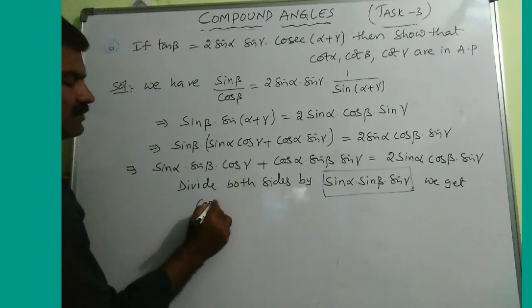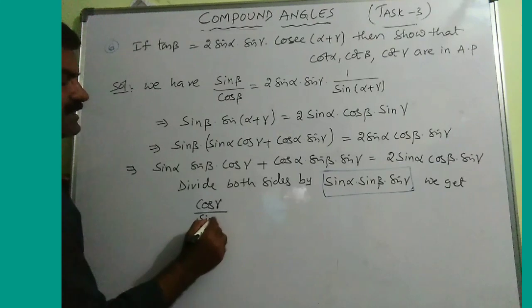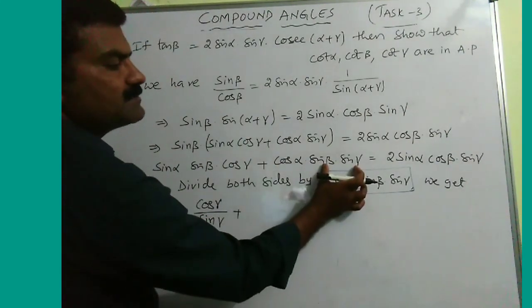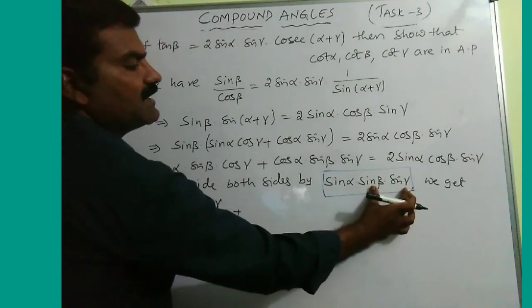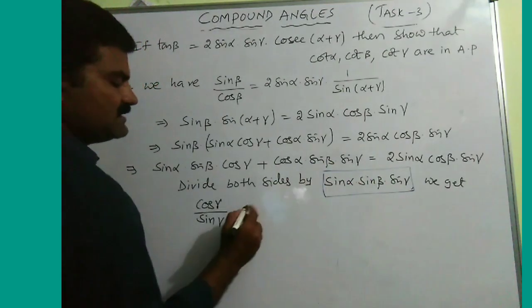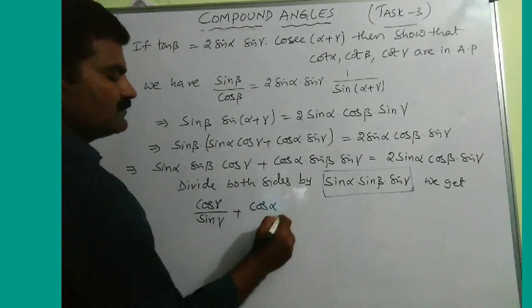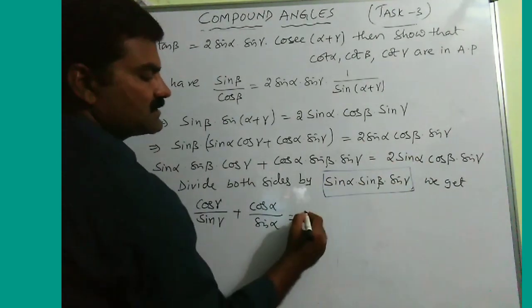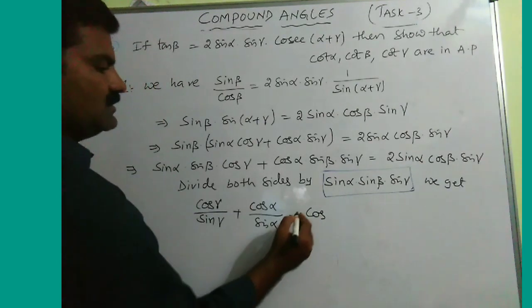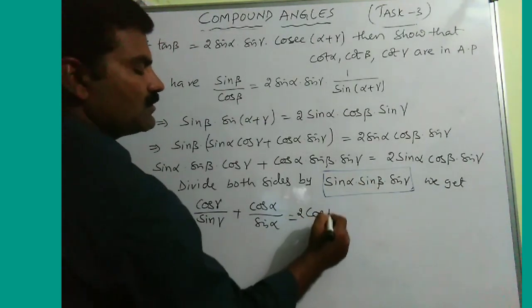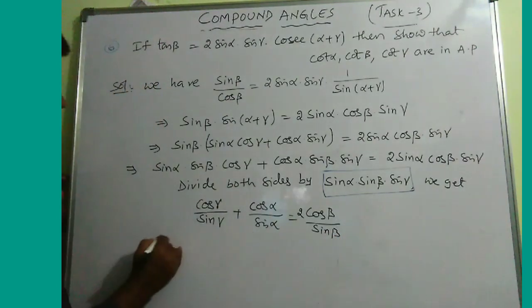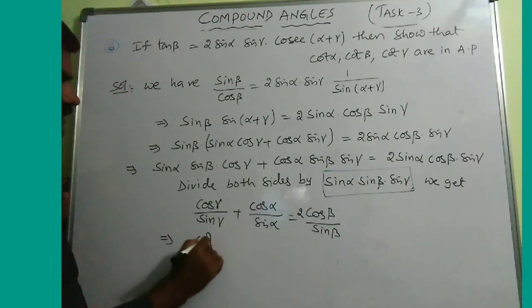So we'll have cos gamma by sin gamma plus, even here also the sin terms are getting cancelled, beta gamma cancel, cos alpha by sin alpha. Similarly, last we'll have 2 into cos beta by sin beta. The ratio of cos by sin is nothing but cot.